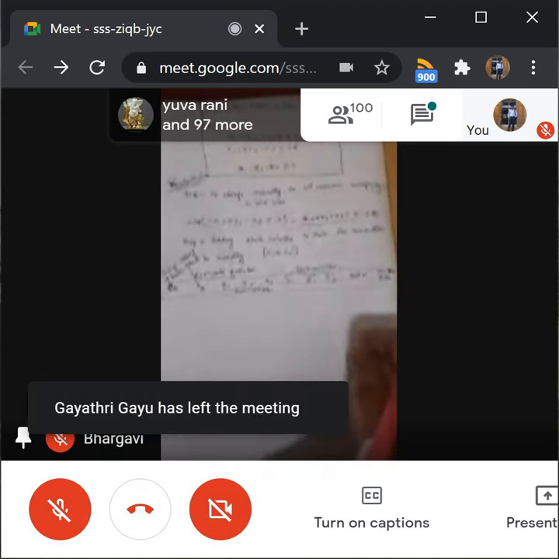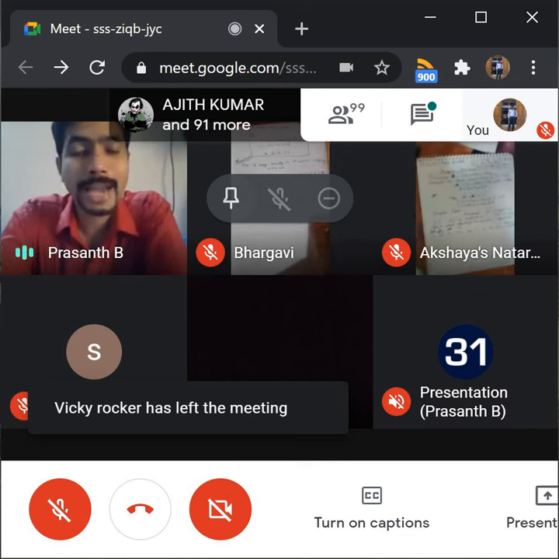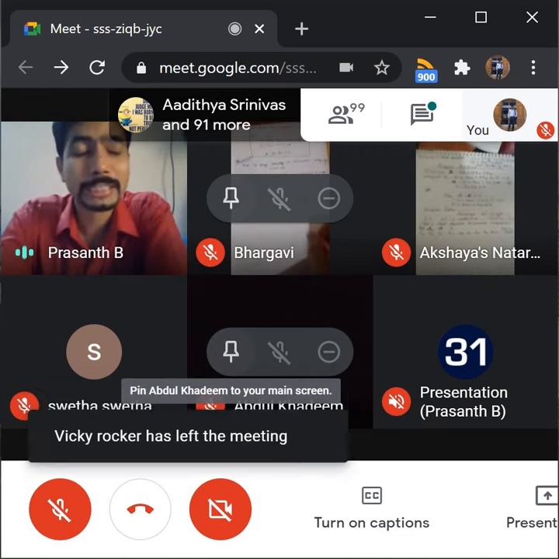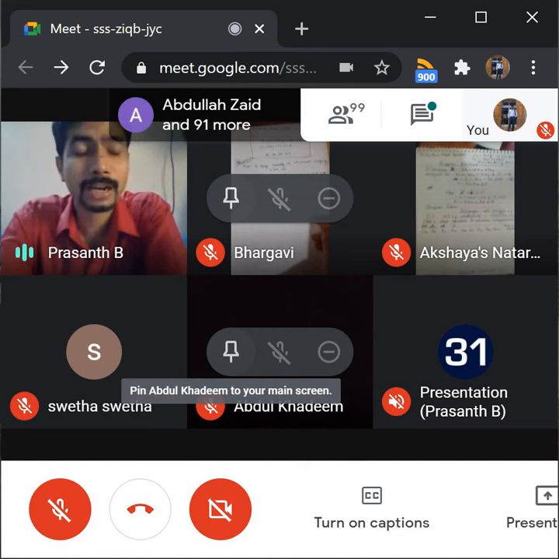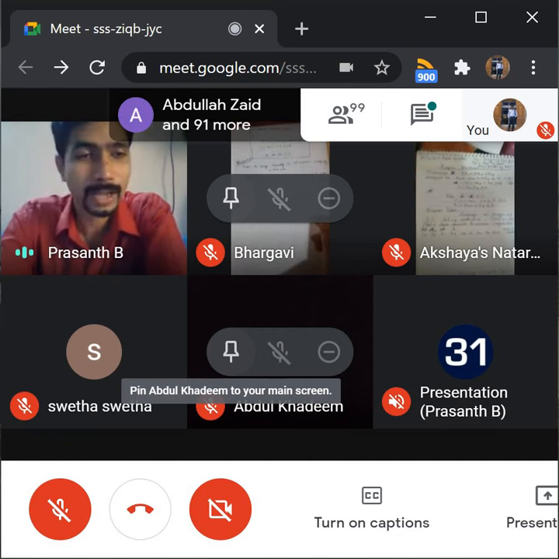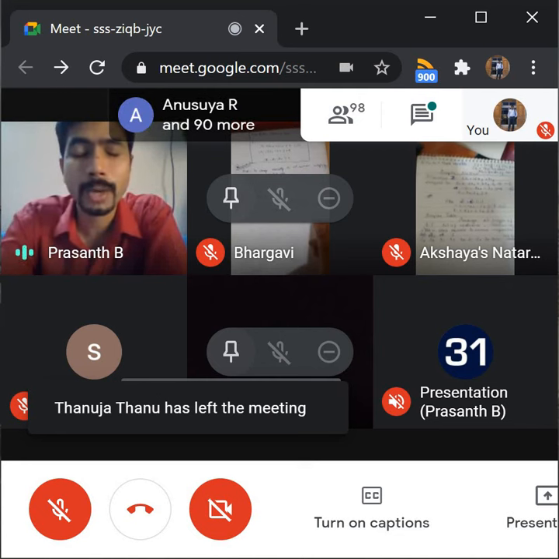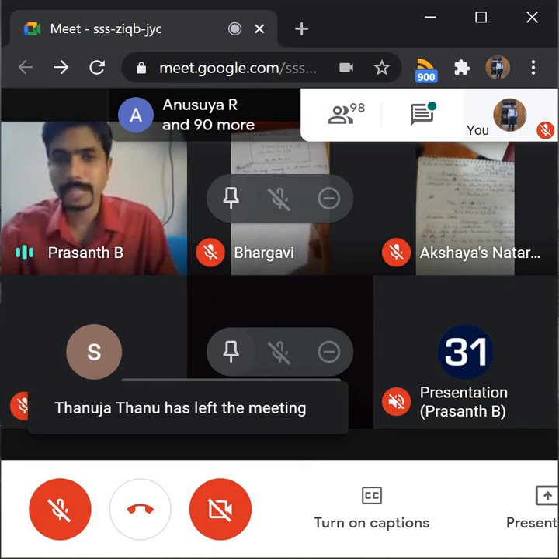All of you should have a notebook, a calculator, and whatever stationery, pen, pencil, scale, etc. You need everything. Regarding the calculator, you can purchase Casio FX 991 MS. I will type that in the chat box.